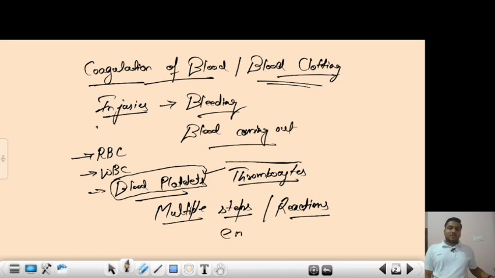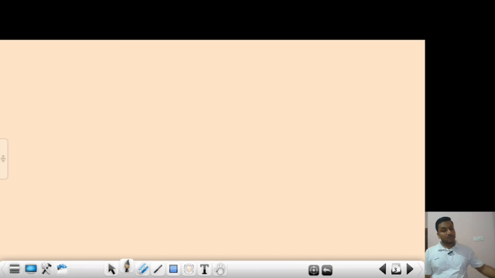Also, it involves functioning of various enzymes and a very important vitamin, that is vitamin K, and some ions, that is Ca2+ ions. So these are the components which help in the process of blood clotting. Moving forward, we will understand how after an injury the blood starts coming out of the body and how the body responds to stop the process.